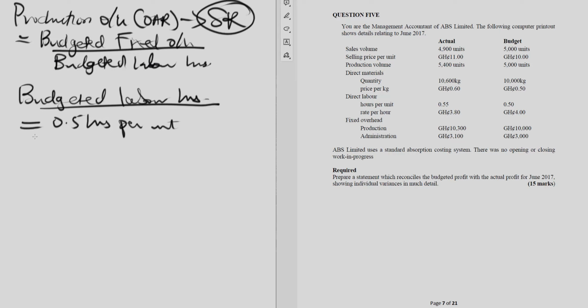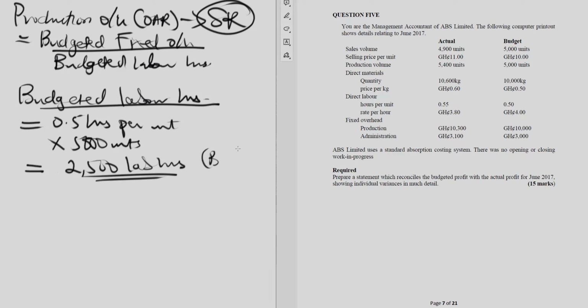So if this is for one, and I know that I'm producing 5,000 units, then when I multiply by these 5,000 units, I should be able to get the total labor hours that I'm expected to use within the organization. And 0.5 by 5,000 should give me what? 2,500 labor hours. That means you're expecting to use 2,500 labor hours in the organization. That's the expected value, which is the budgeted labor hours.